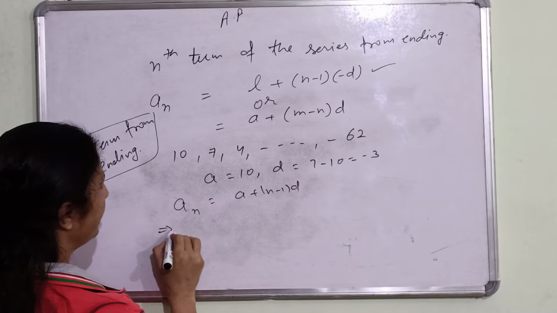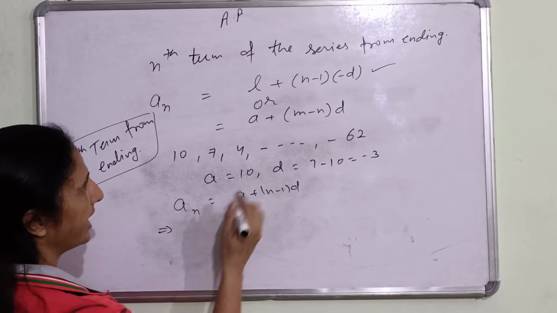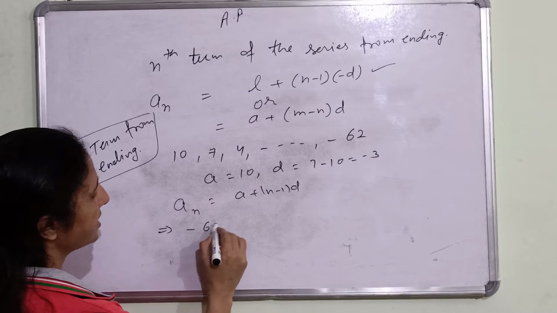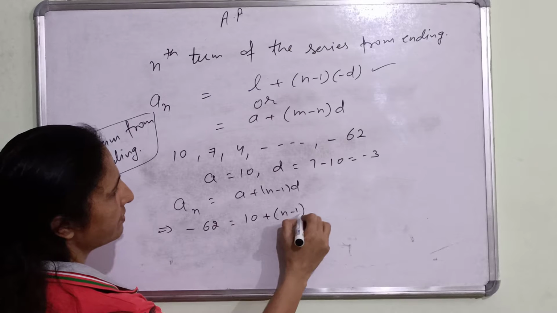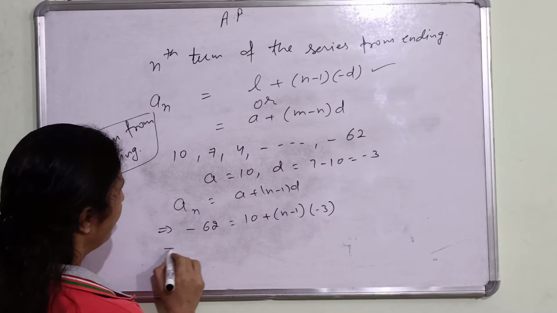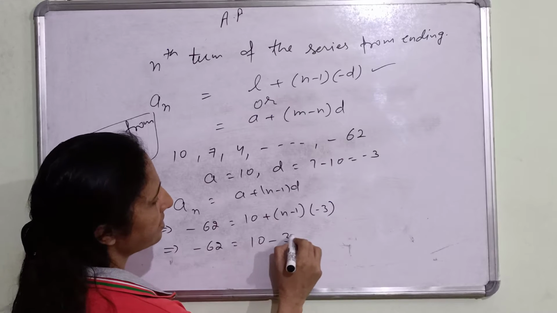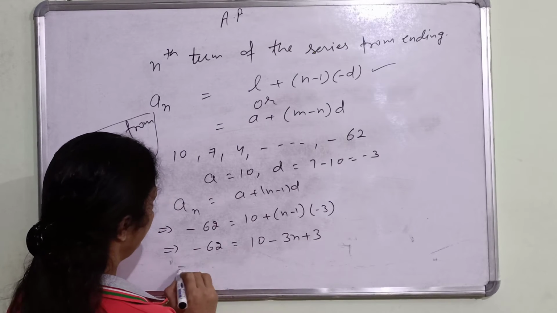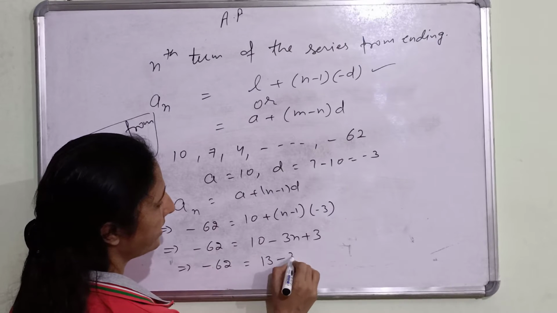So the number of terms we have to find first, right? Here an means the last term, minus 62, is equal to 10 plus n minus 1 into d, where d is minus 3. So minus 62 is equal to 10 minus 3n plus 3. So minus 62 is equal to 13 minus 3n.